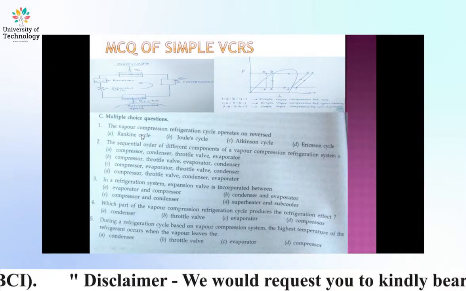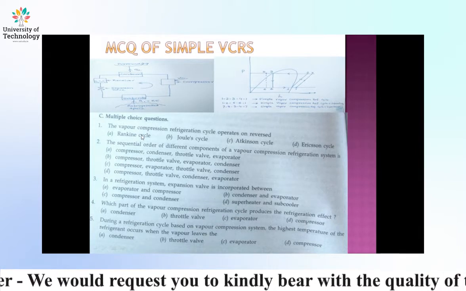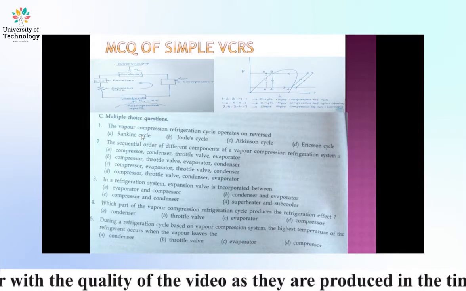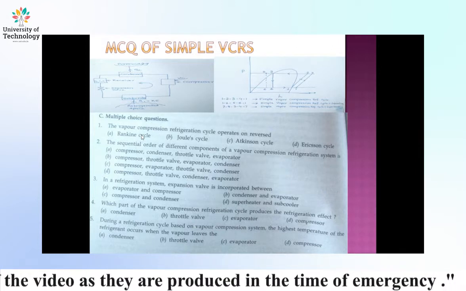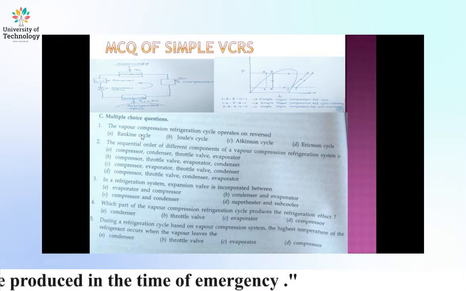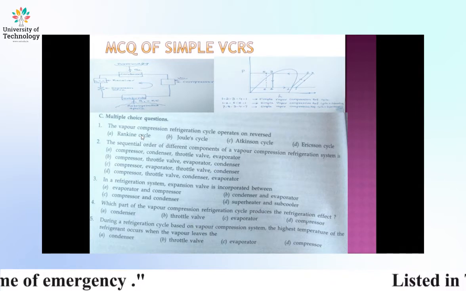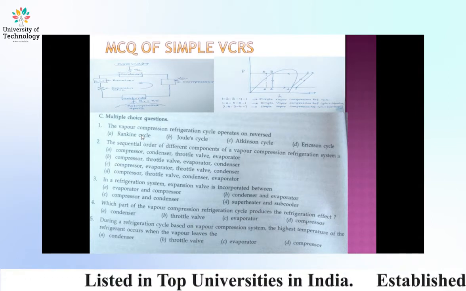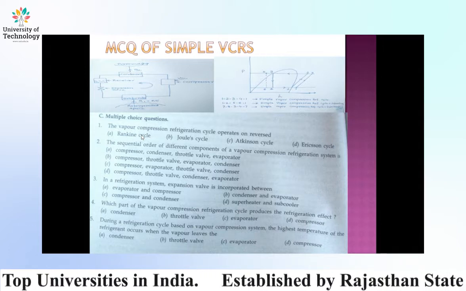Number one, Rankine cycle. Rankine cycle is used mainly in power plants, for steam power plant. In Rankine cycle, there are two reversible adiabatic processes and two isobaric processes, but it is a power producing cycle.